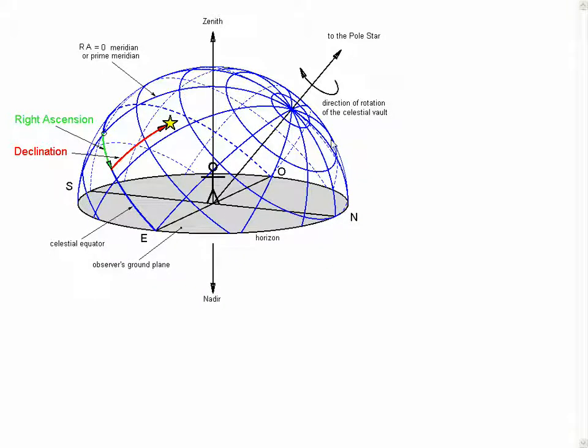So the two coordinate systems, if you're at the North Pole, align, because when I look straight up at the North Pole, then I'm looking at the North Celestial Pole. I'm looking at Polaris. And so my meridian will align with the appropriate right ascension line, and the two coordinate systems just merge.